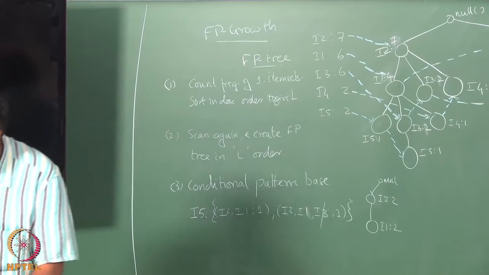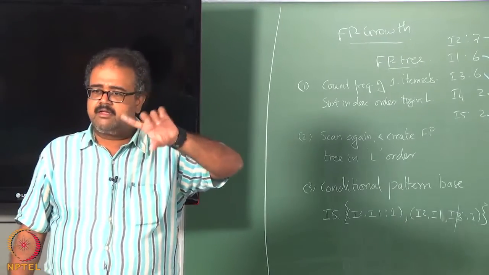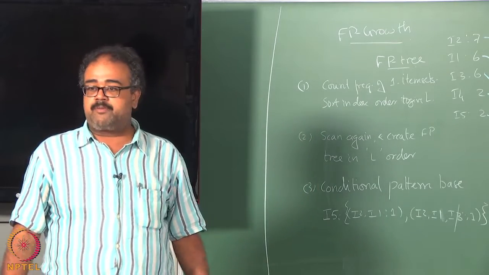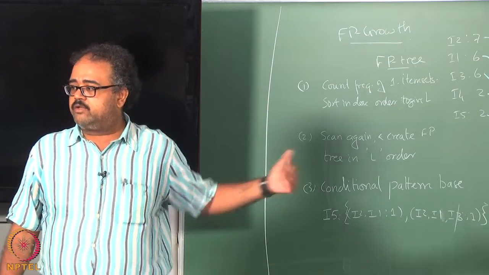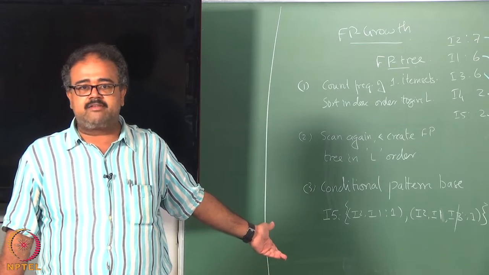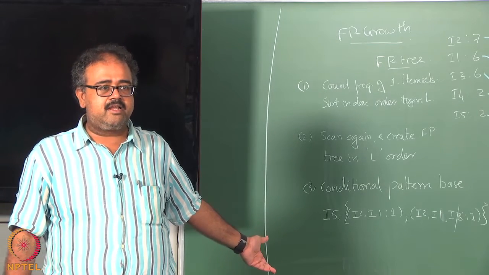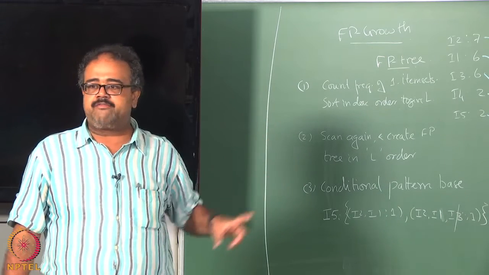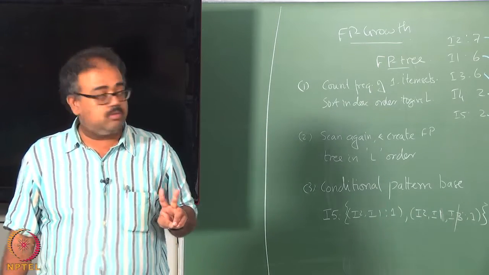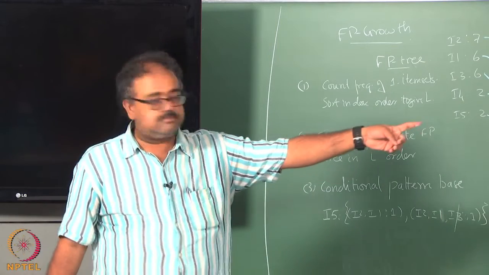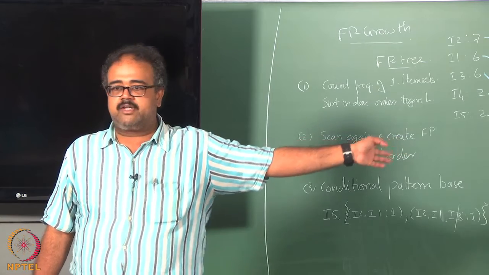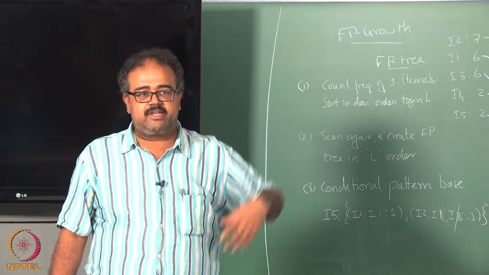Right. So I look at the path and its frequency. The I2, I1 path has a frequency of 2, and I know that it is followed by I5, because that is how I selected these things. So the frequency of I2, I1, I5 will be 2. We already counted that by doing multiple passes of the data.